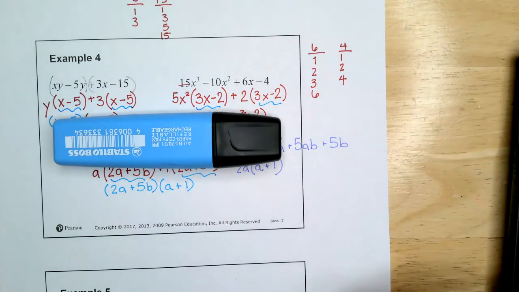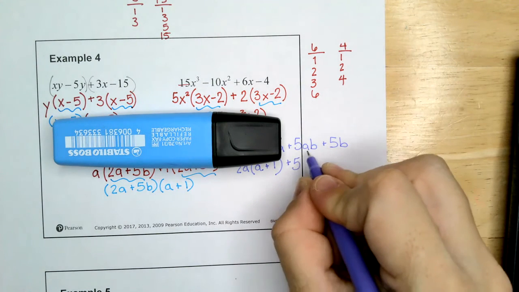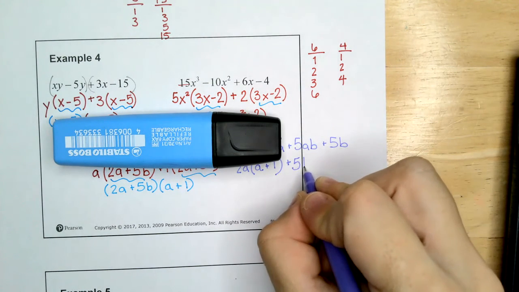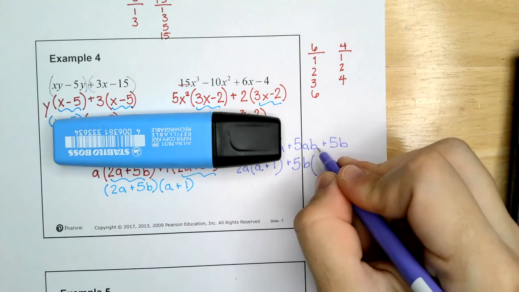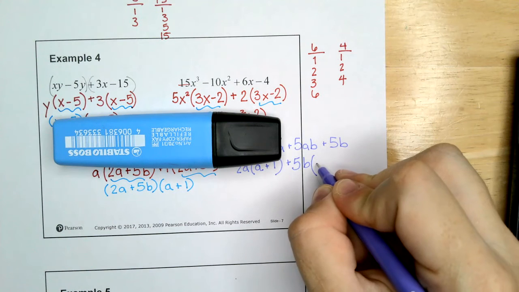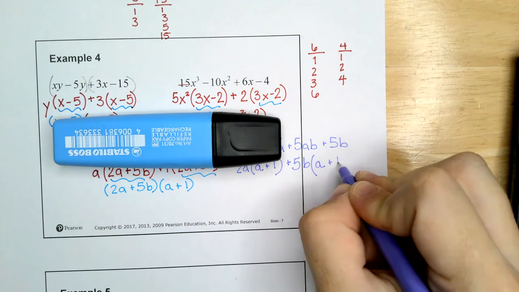Plus 5ab plus 5b. So I'm going to say plus 5 and 5, I can say 5b. 5ab divided by 5b is just a. 5b divided by 5b is just 1.